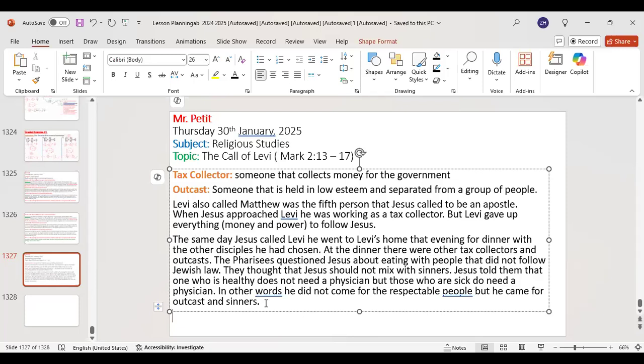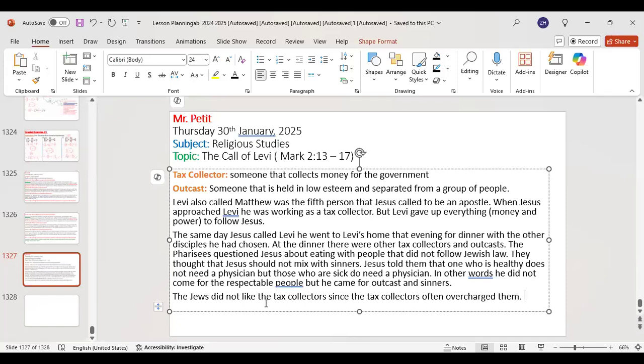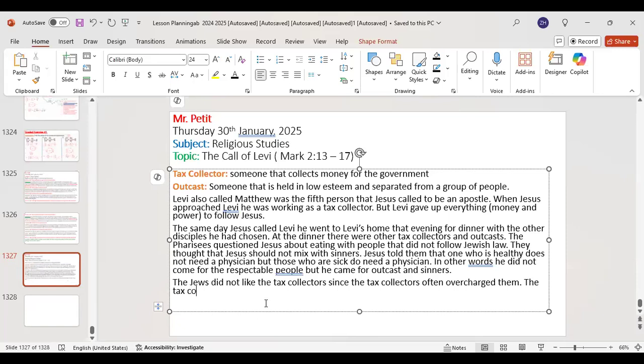Okay, so move on. The Jews did not like the tax collectors. Why? Since the tax collectors often overcharge them. That's true, often overcharge them, right? The tax collectors were also seen as what?